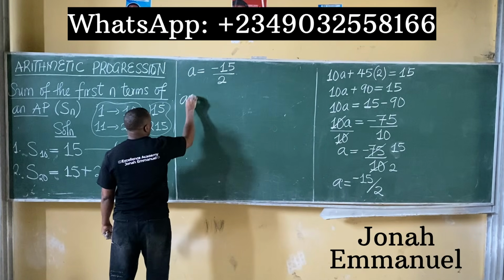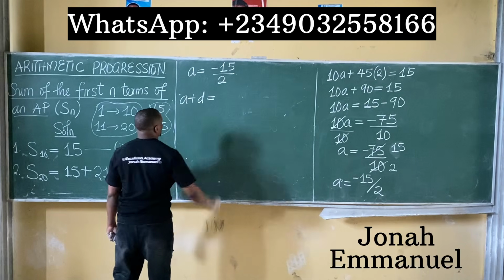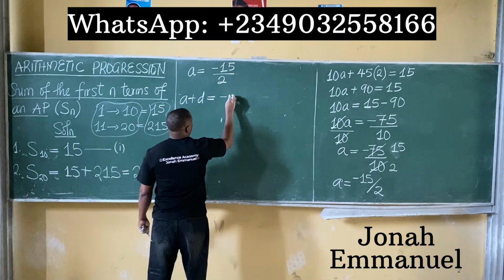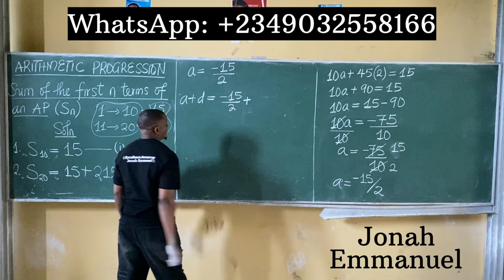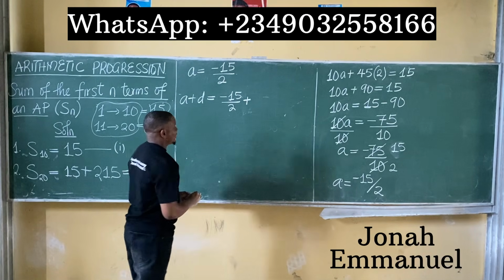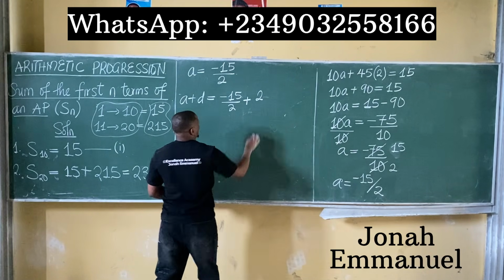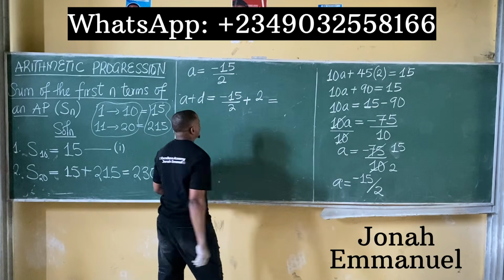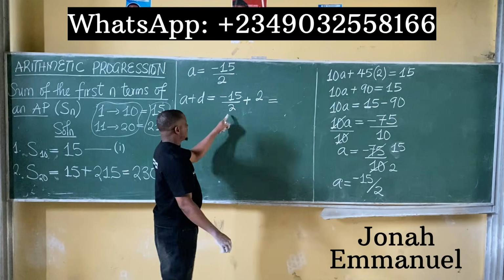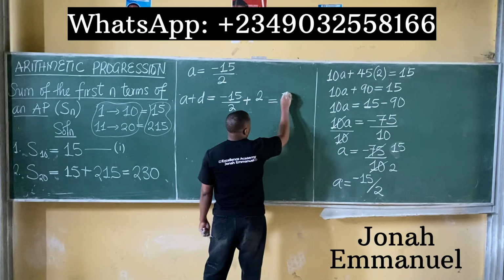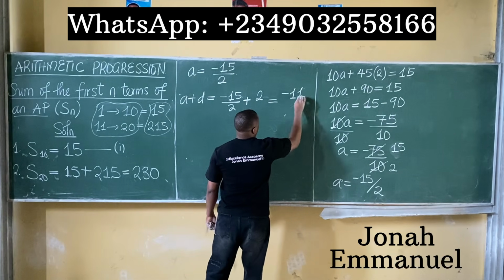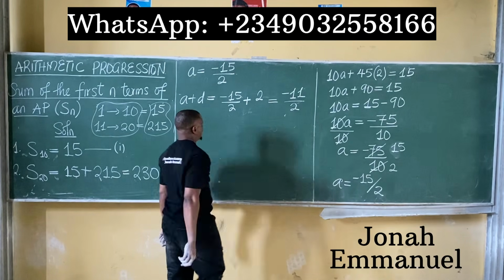Second term, a plus d. a plus d becomes minus 15 over 2 plus d, and we got d as 2. So if you solve this, I'll just go straight to the final answer. This will give you minus 11 all over 2.